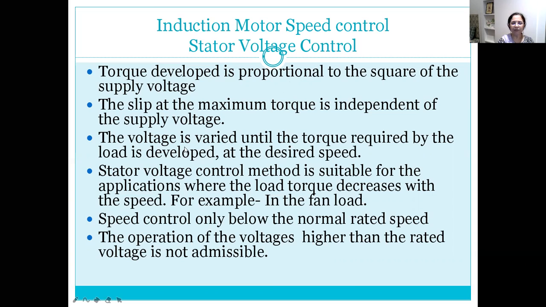Now when we vary the voltage, the rule is we can continue reducing the stator voltage as long as the torque required by the load is developed. So how much we can reduce the stator voltage is decided by the torque desired by the load, and accordingly the speed control range is available.